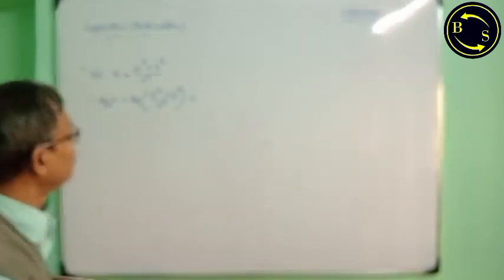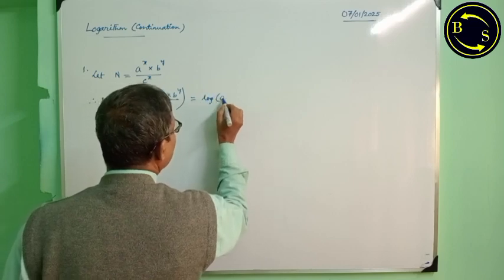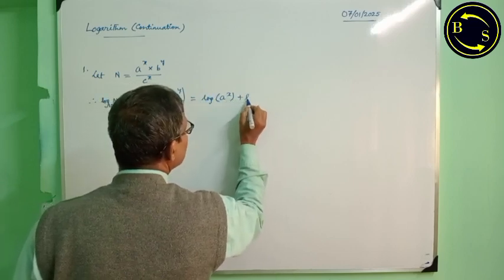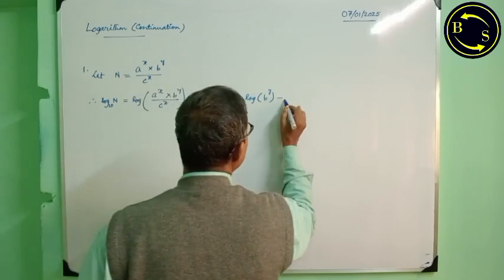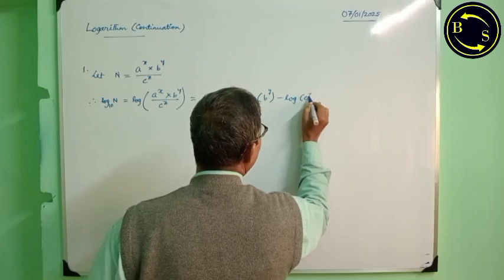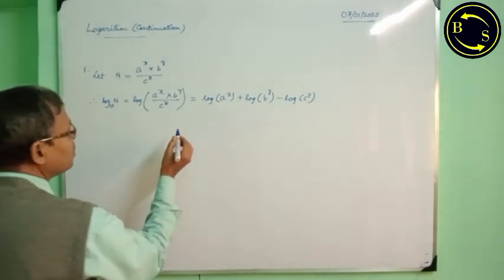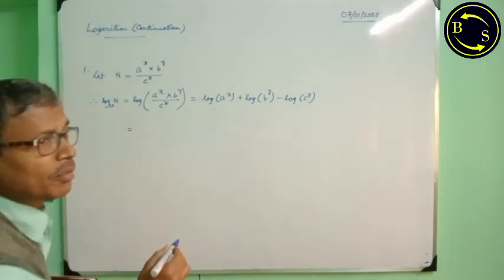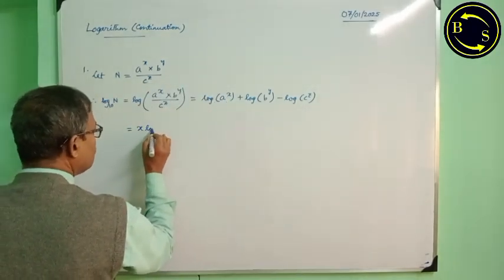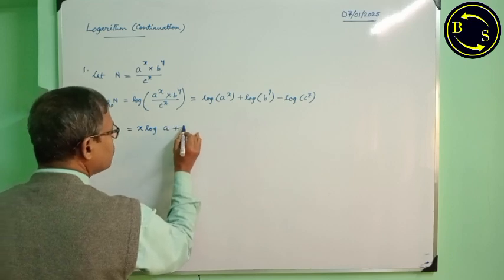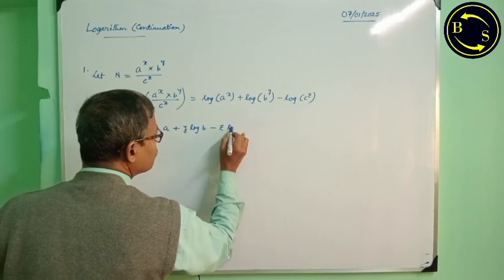Applying the laws of logarithm, it will be log a to the power x plus log of b to the power y minus log of c to the power z. I have not mentioned here base. Already it is discussed that in case of algebra, base will be 10. Therefore, as per formula, this will be x log a plus y log b minus z log c.